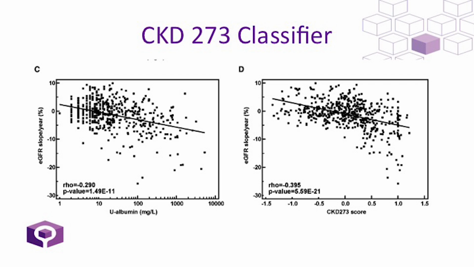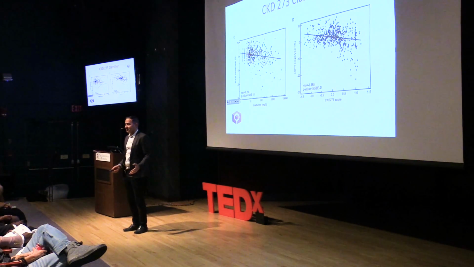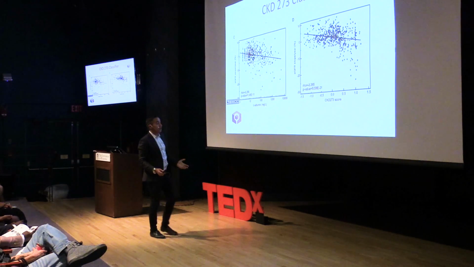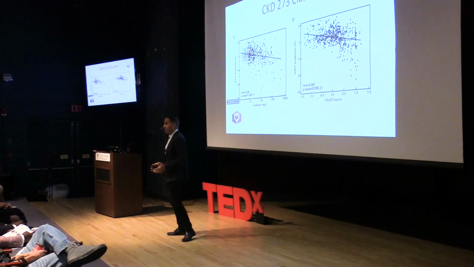On that side, you have the CKD273 score, and here you have urine albumin, which is the most common protein routinely measured in every lab across North America and the world. The two lines aren't that different, so I would challenge to say the CKD273 classifier, which probably is very expensive to do and very impractical to translate in the world, doesn't help you that much beyond urinary protein.